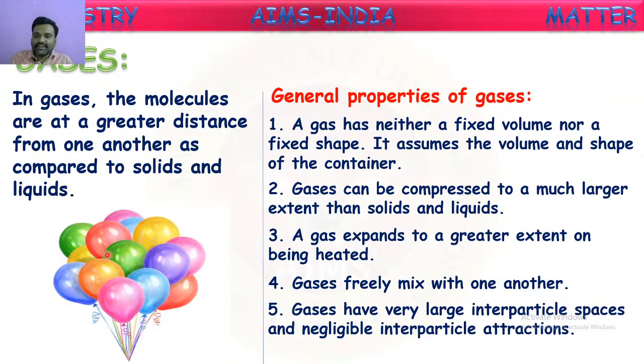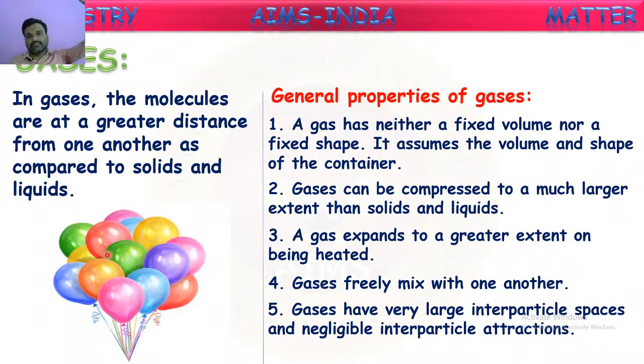Gases have very large interparticular spaces and negligible interparticle attractions. The interparticular spaces are very large in gases because there are no attractions, there are no boundaries for these gases. They randomly move here and there. There is no friendship at all. If one molecule is here, one more will be there.